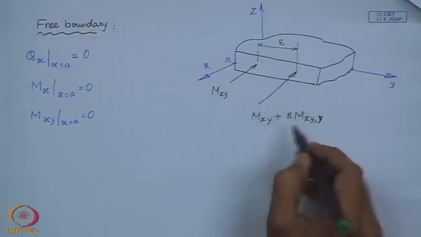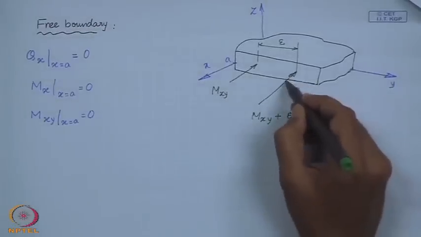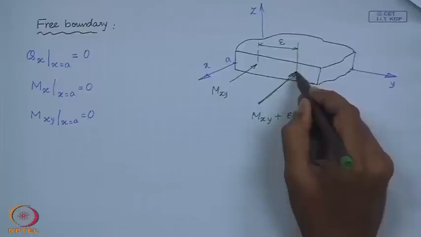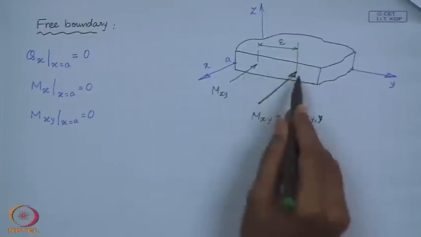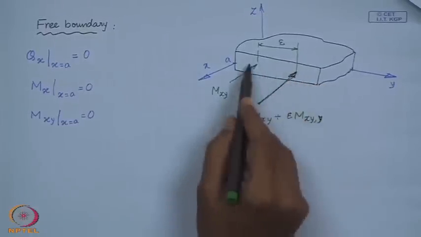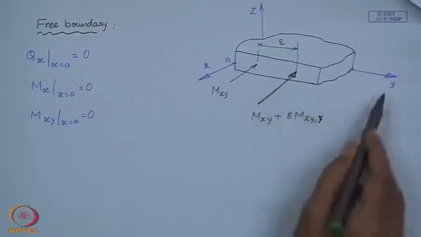So, we are moving in the y direction, and this is the moment at a location, a distance epsilon along the y.